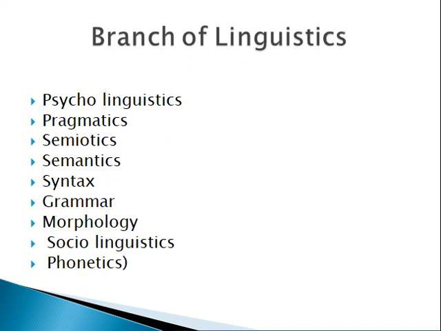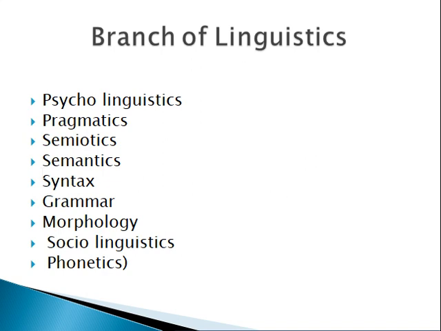Before I enter into phonetics, I may go through some of the areas, branches, which you might be familiar with or just heard of. The nomenclature. For example, there is semiotics. Semiotics is a familiar word to you. It is a branch of linguistics which deals with studies of signs, S-I-G-N-S.